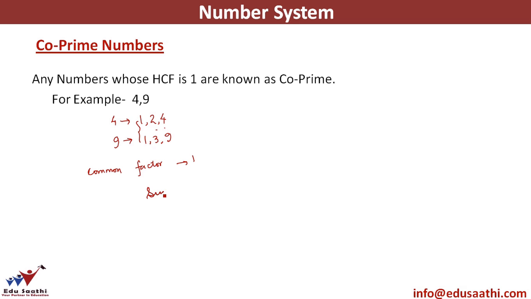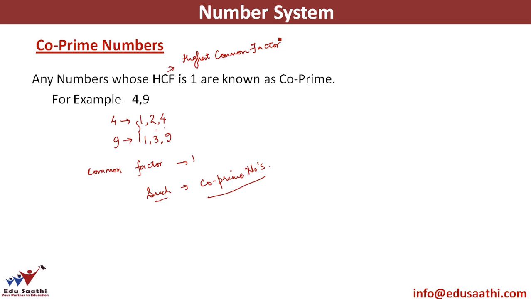Such numbers are known as coprime numbers. So the minimum number of numbers that I need to check is 2. I can check more numbers depending upon their HCF. HCF stands for highest common factor. So their highest common factor has to be 1.